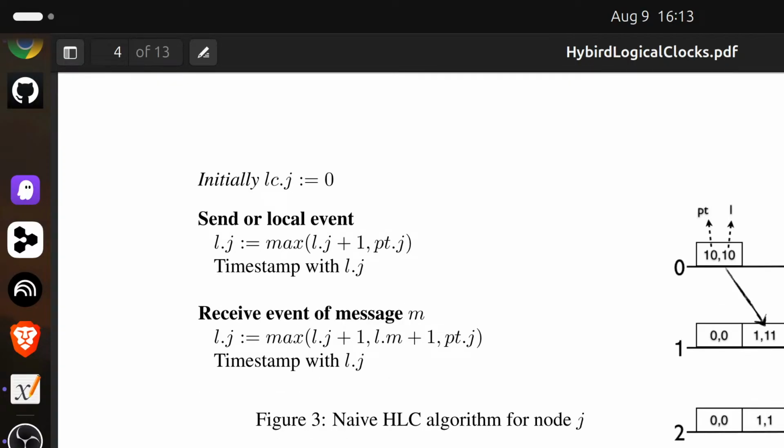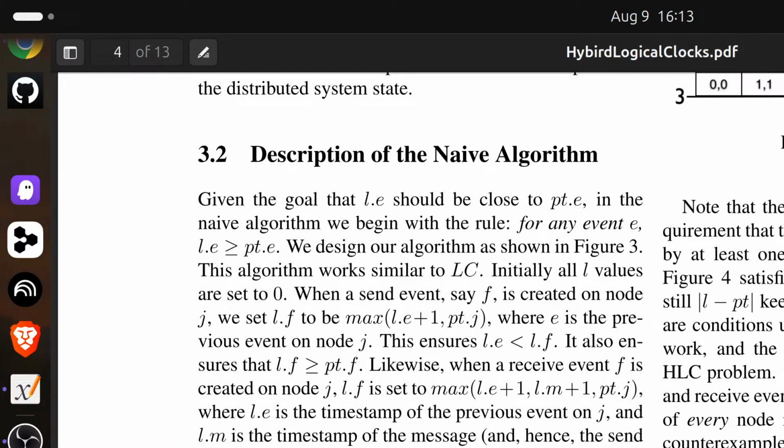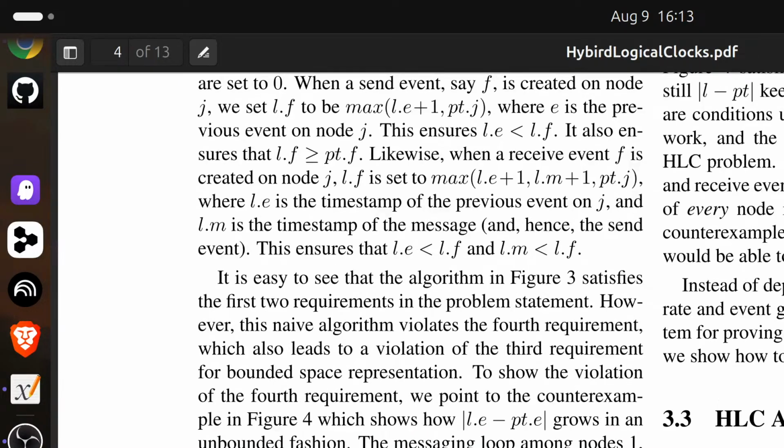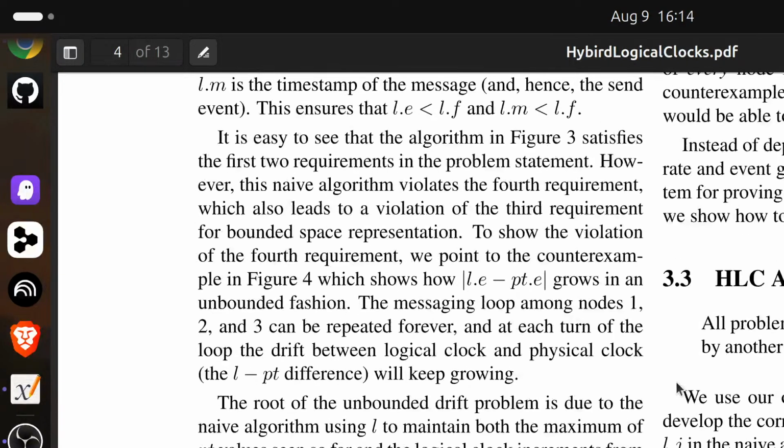I don't understand this figure actually. This figure is very confusing. What is 0, 1, 2, 3, 4 here? Okay, it is saying okay.